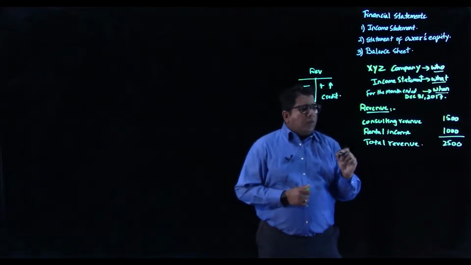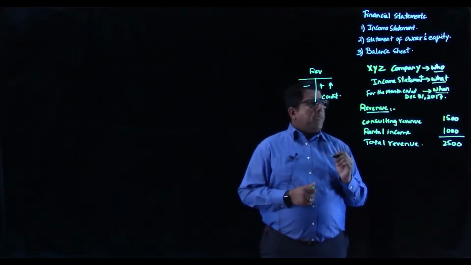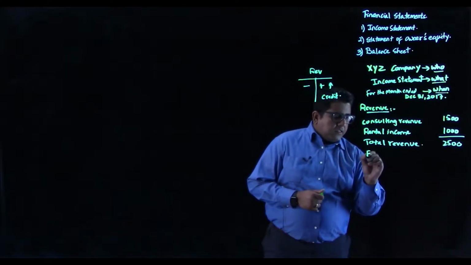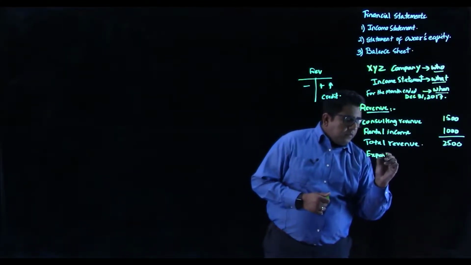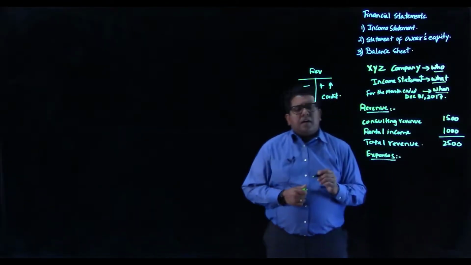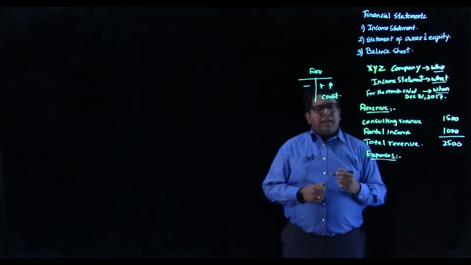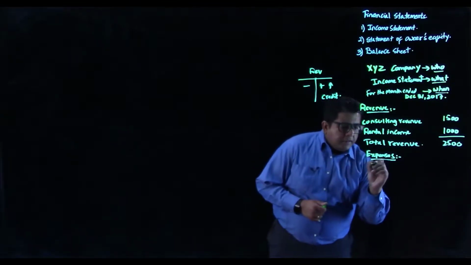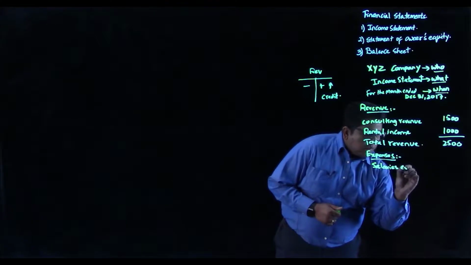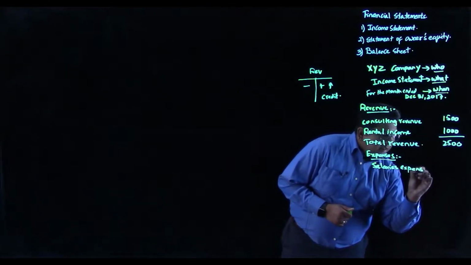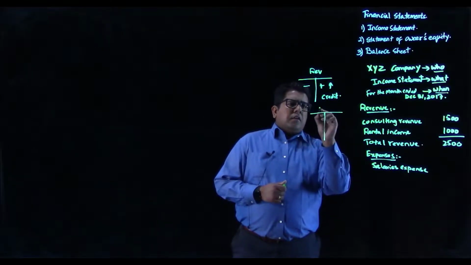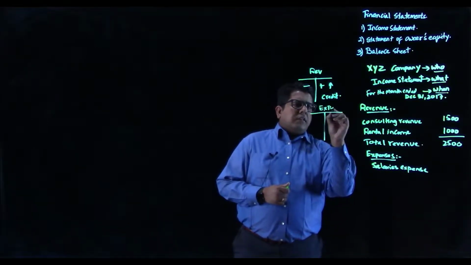Now we go into the second part of the statement, which is your expenses. Your expenses are outflow or disbursement of money, as you know. So you had salaries expense, and when you do the T account, you can look at expenses.